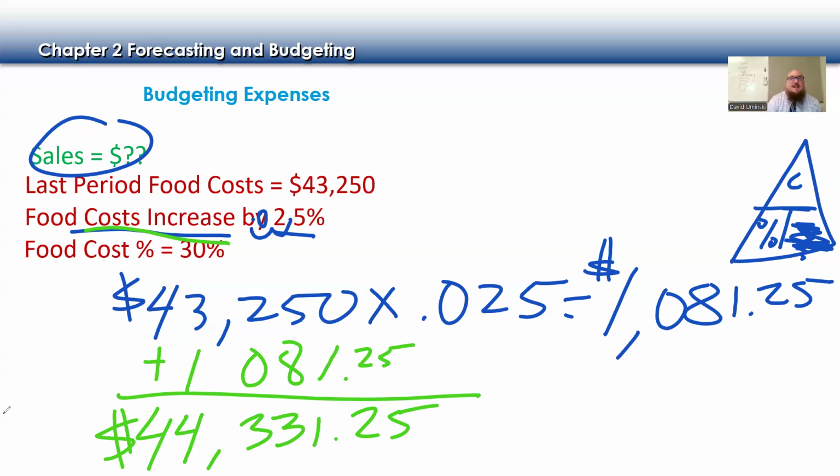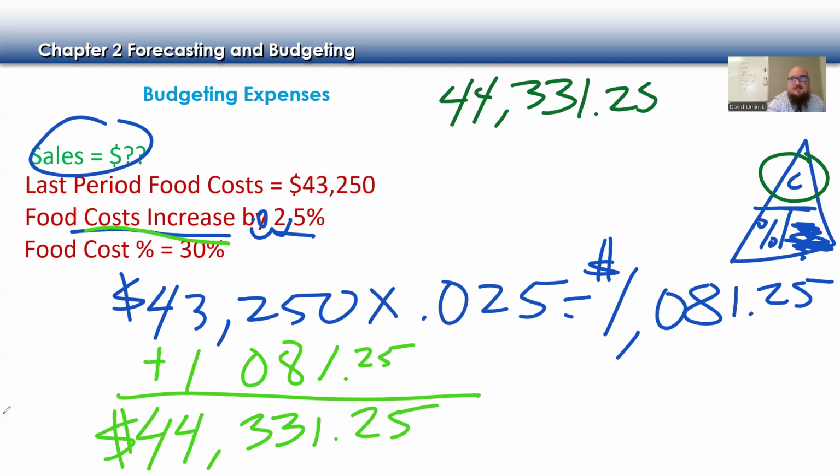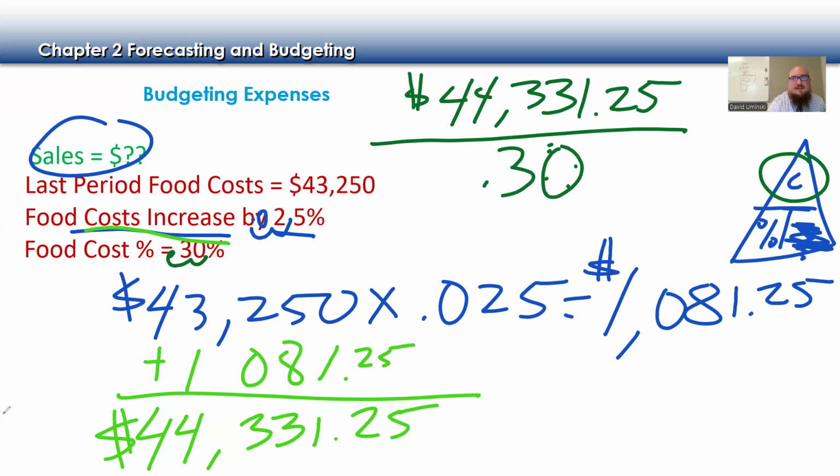Okay. Now I can take that information and that's my new cost number, $44,331.25. And I'm going to divide by my percentage of 30%. Okay, remember that 0 is like a phantom 0. It's out there, but you don't always have to put it in.